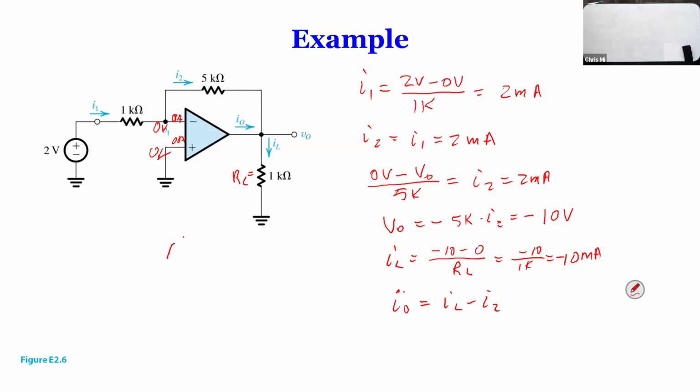So you can write I2 plus IO equal to IL, right? And then doing that, you have IO equal to IL minus I2. So IL is minus 10 milliamps, minus I2 is 2 milliamps. So therefore you have IO equal to minus 12 milliamps.